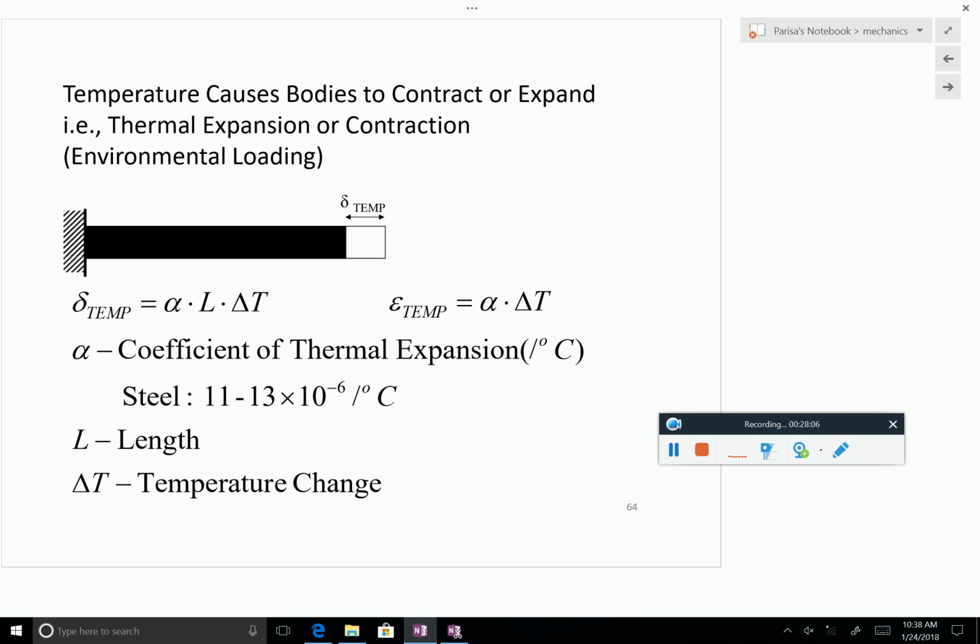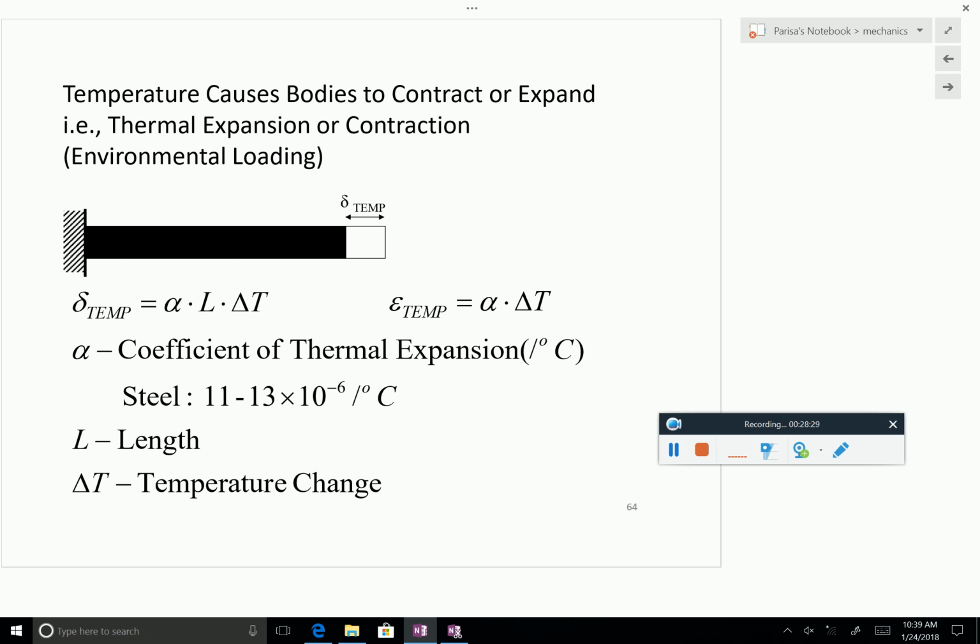So in the beginning I said our focus will be mechanical loading, but this is thermal loading. I think that you have seen this in mechanics of materials, but when we have temperature change, that creates strain.